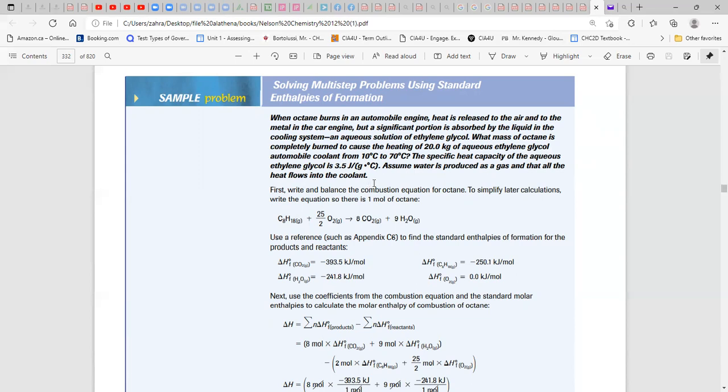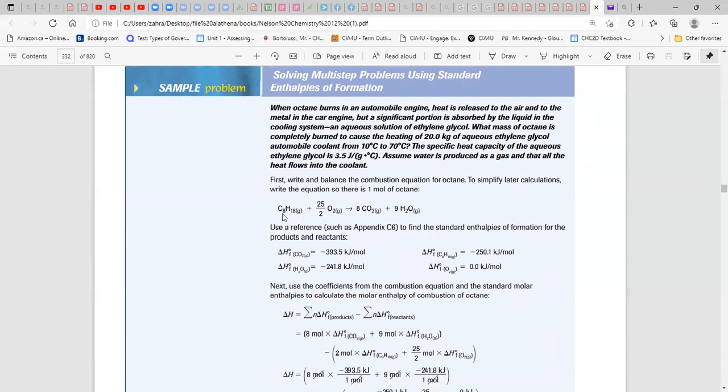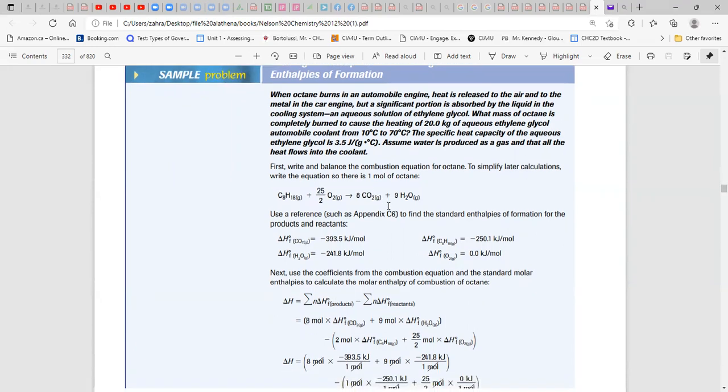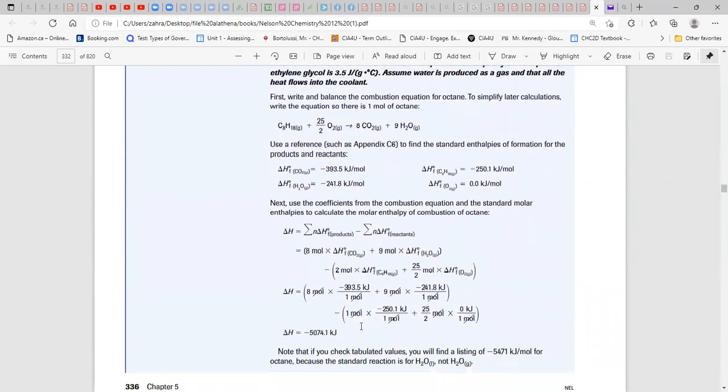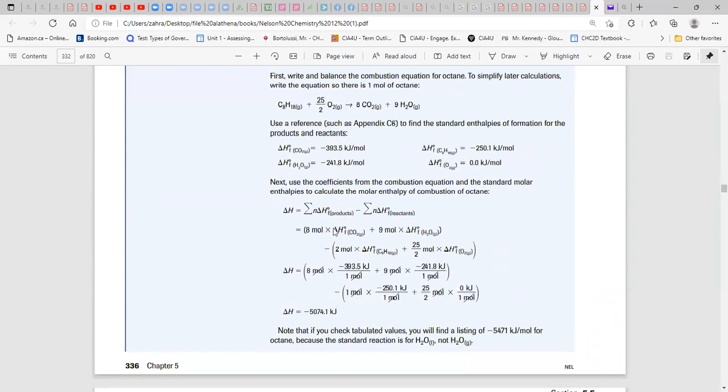So we need to write down the burning of octane, C8H18. This is the reaction. You need to balance it. And from the delta H formation at the back of the book, you can get the enthalpy of this reaction: product minus the reactant. This is the delta H of that reaction.